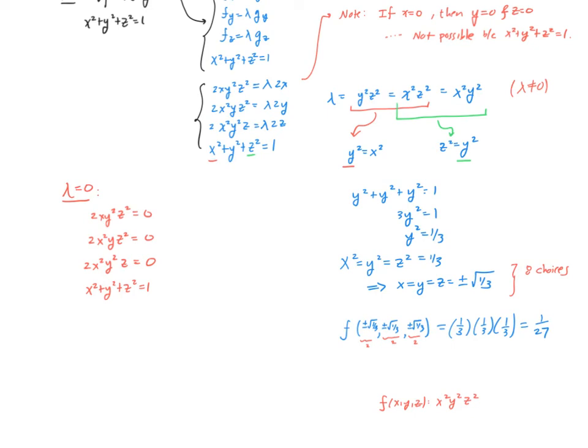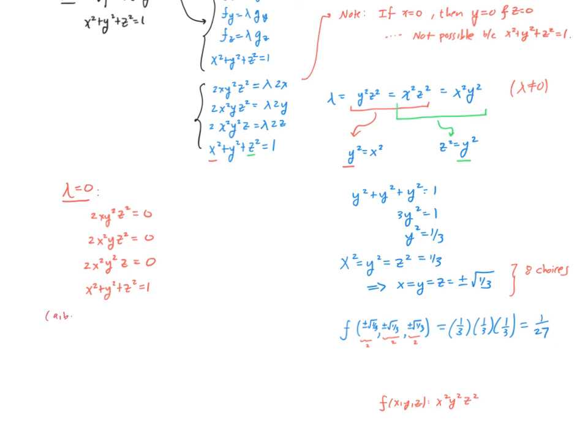If 2 of the variables are 0, so x and y are both 0, y and z are both 0, x and z are both 0, that's perfectly fine. But note, not all 3 of them can be 0, as we already observed above, because then they would not solve that constraint equation. So this gives us a whole bunch of other possible points, and I'm not going to try to list them all once again, but instead let's just describe them.